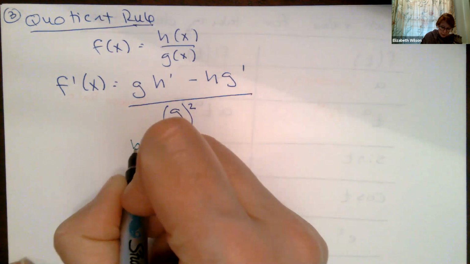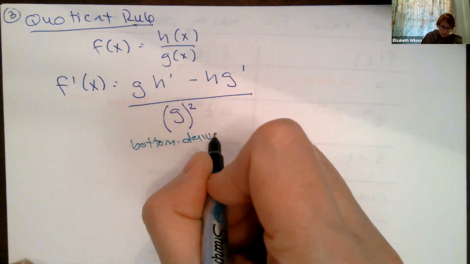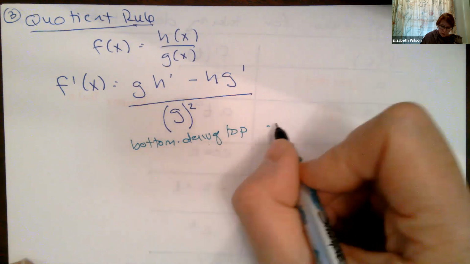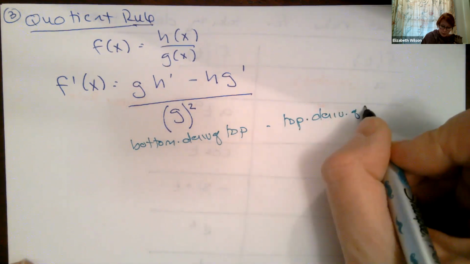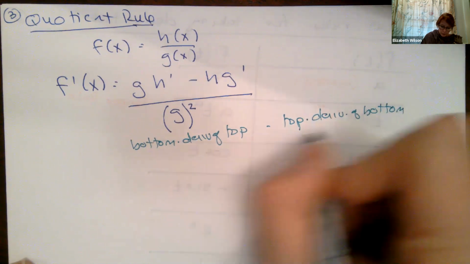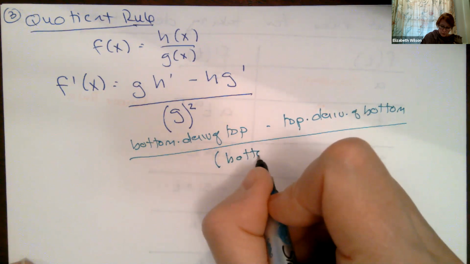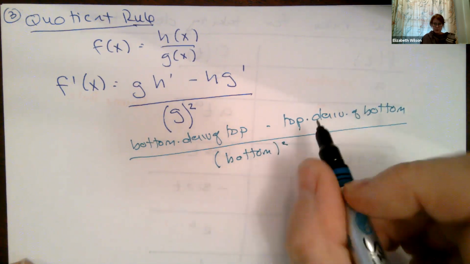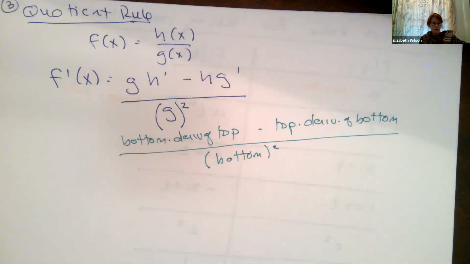So this is bottom times derivative of the top minus the top times derivative of the bottom, all over whatever the bottom function is, squared. We square it. Okay, so our quotient rule says to do that.